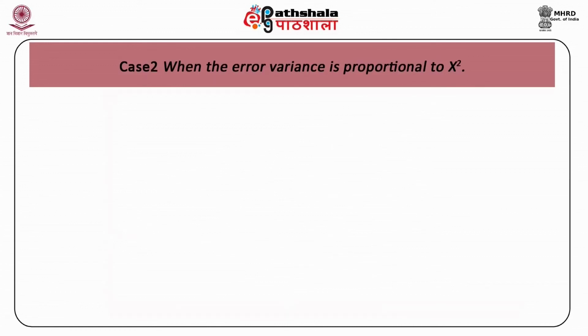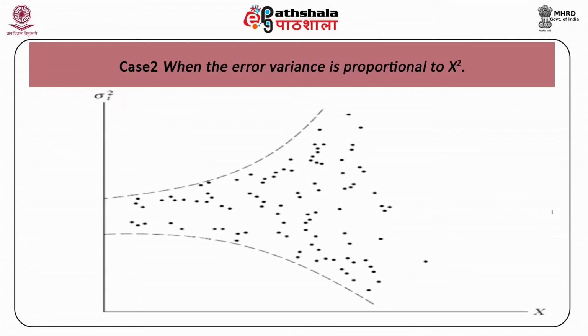Run the original OLS regression and obtain the residuals. Plot the square of these residuals against the explanatory variable x. If we get a pattern similar to figure 2, then we say that the error variance increases proportional to xi squared.